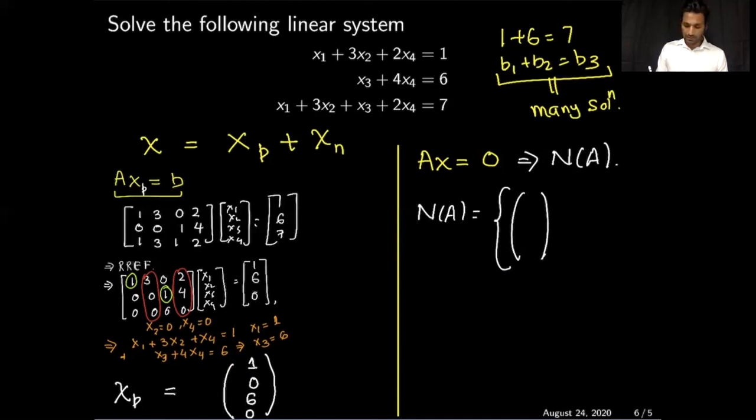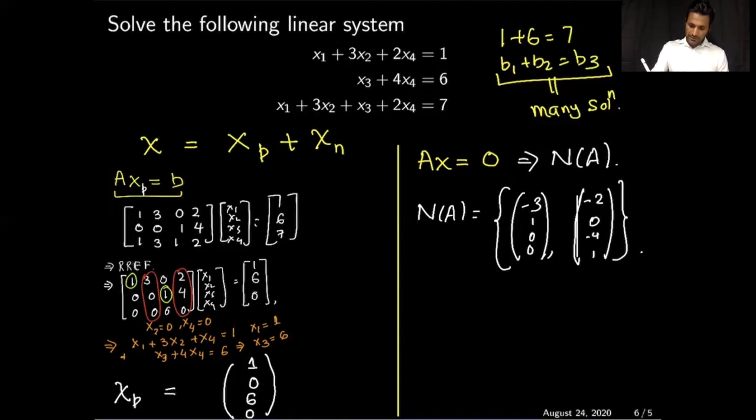The first one is -3, 1, 0, 0. The second vector in the null space is -2, 0, -4, 1. Please watch the video on the null space of a matrix to get these vectors.